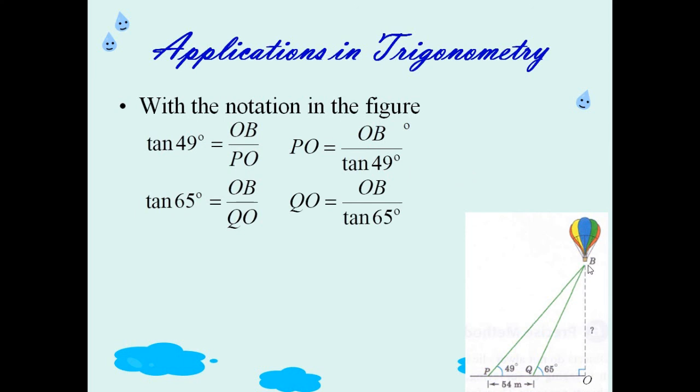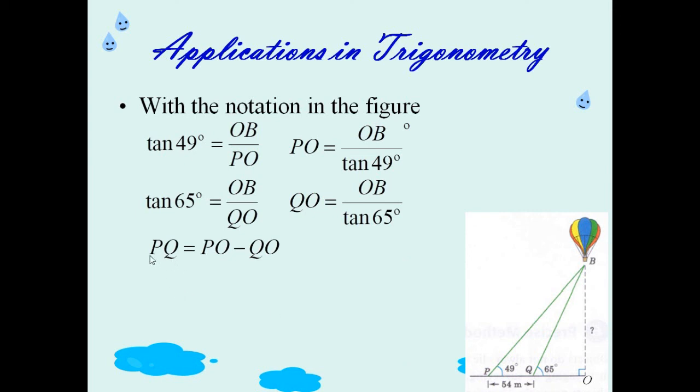Similarly, for the smaller right angle triangle, we get OB over OQ equal to tangent 65 degrees. In the previous example, we added the two lengths to get the total length. But here, you are just given the difference between P and Q. So that means you are not using addition, you are using minus.